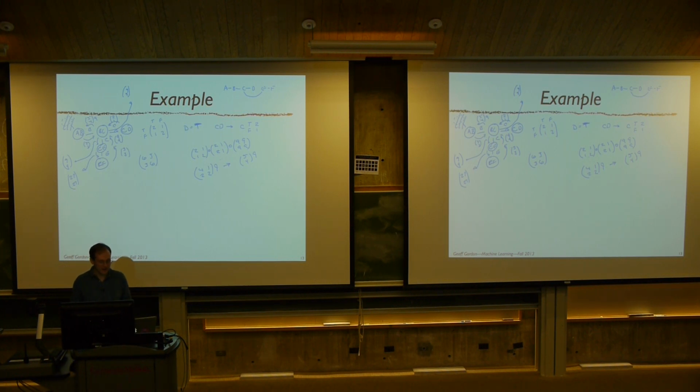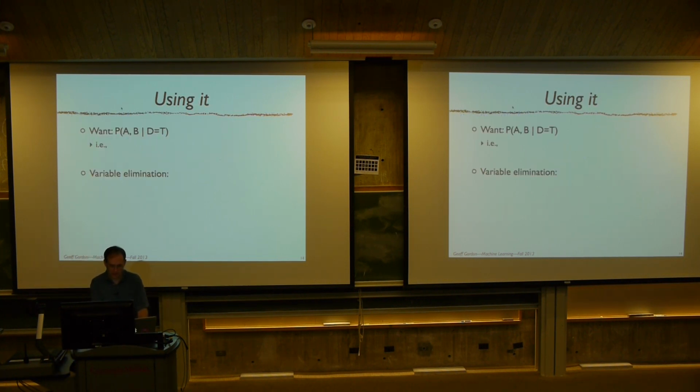And so we can use that to do something like this. Suppose we want the probability of A and B given that D is true. So this is the sum over A of the sum over E of the probability of A, B, C, and E given D is true. And then using, well, sorry, it's not Bayes' rule. It's using the definition of this probability.